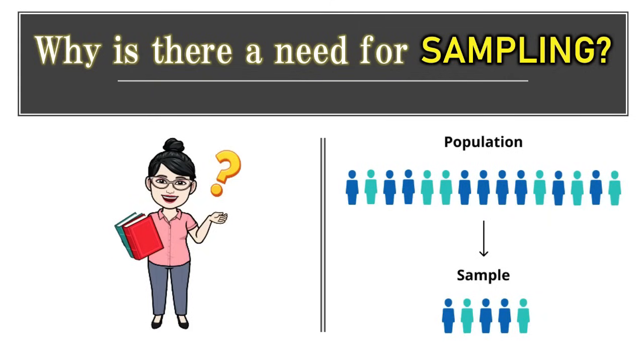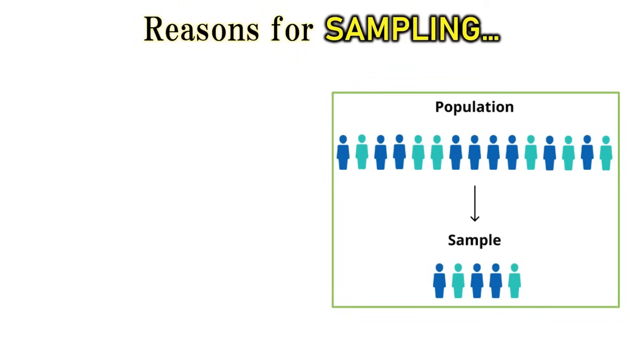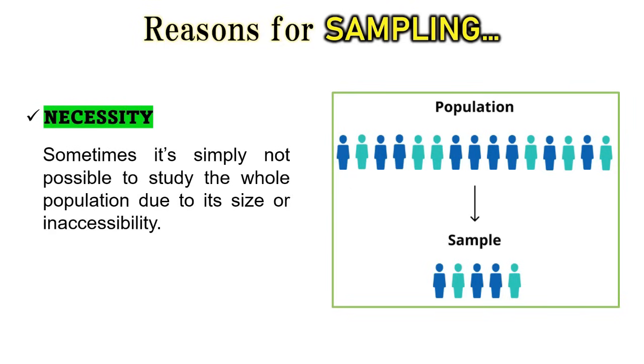Why is there a need for sampling? Here are some of the reasons why we need to do sampling. Bakit nga ba kailangan gawin ng sampling? Bakit hindi na lang kumuha ng data sa buong population? The first reason is necessity. Sometimes, it's simply not possible to study the whole population due to its size or inaccessibility.